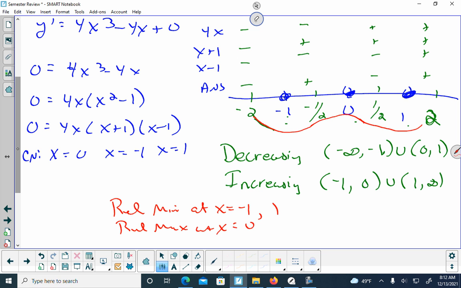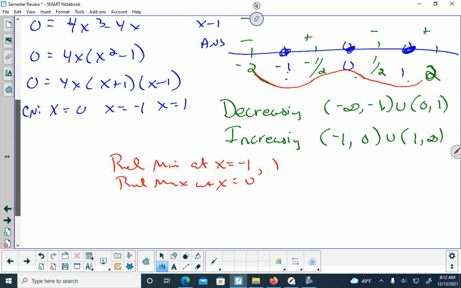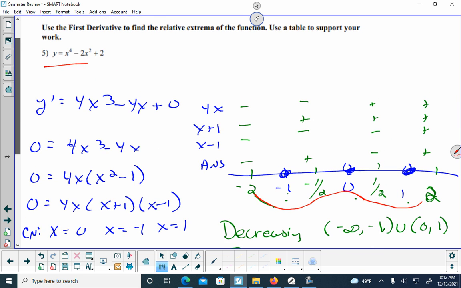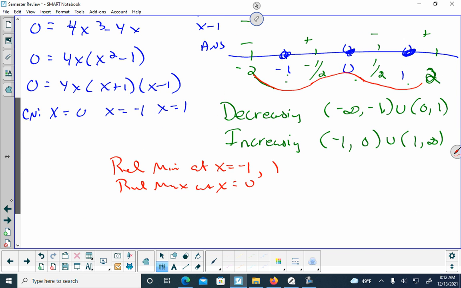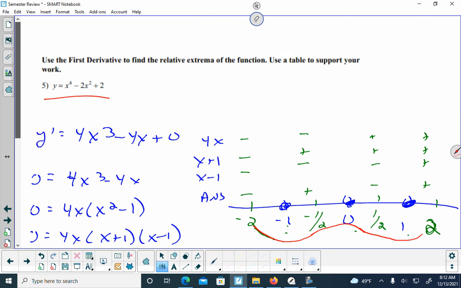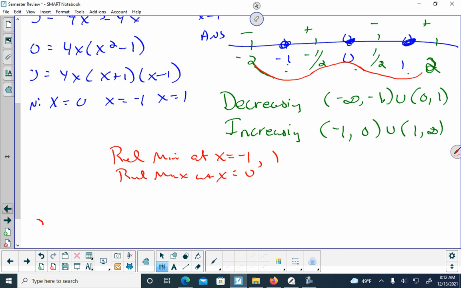So that's great. I found the x values. Now I have to find the y values. So I am going to go back to my original equation, and I'm going to put in the -1 and 1. So I'm going to do f of -1, so that'll be -1 to the 4th minus 2 times -1 squared plus 2, and when I do all that, I end up getting 1.